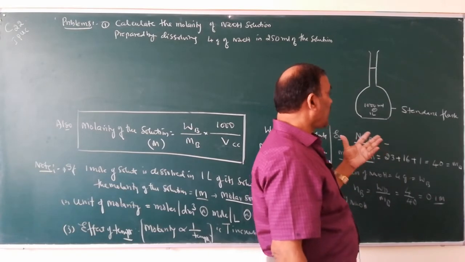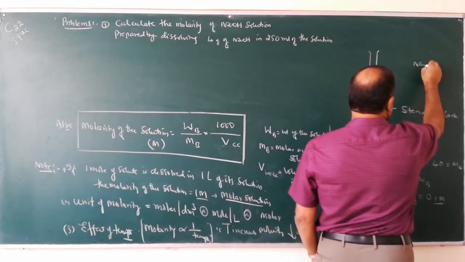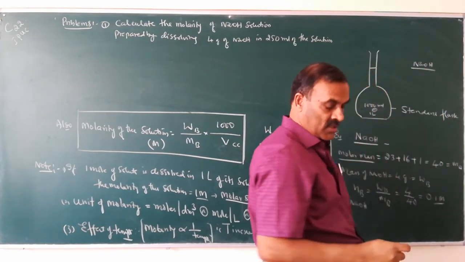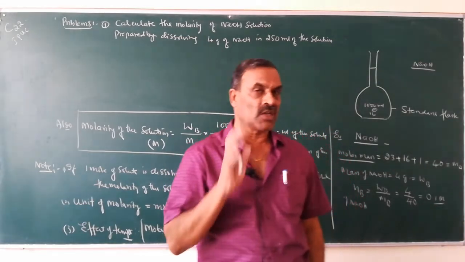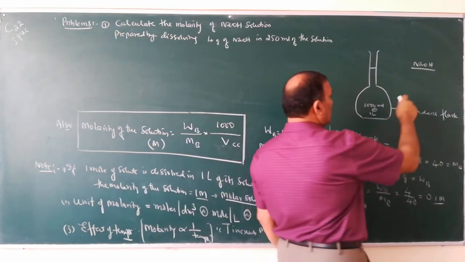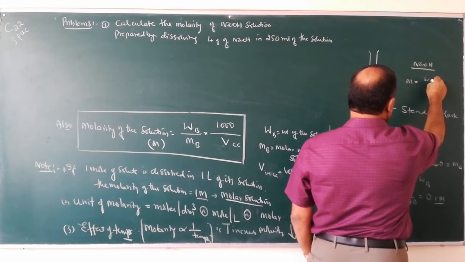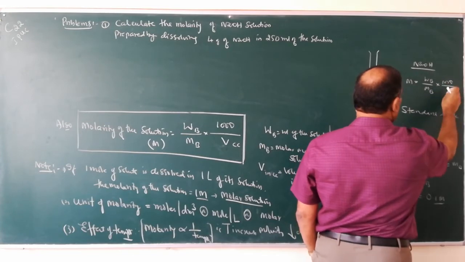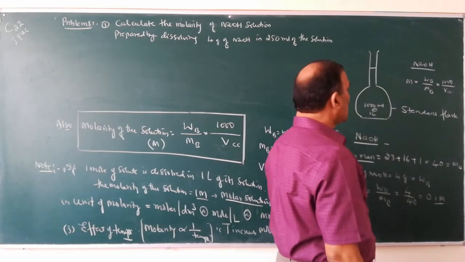So how to prepare 1 molar solution? For example, sodium hydroxide salt is given, and you will be asked to prepare 1 molar sodium hydroxide solution. So what is the formula? Molarity M is equal to WB over MB into 1000 divided by volume of solution in cc.